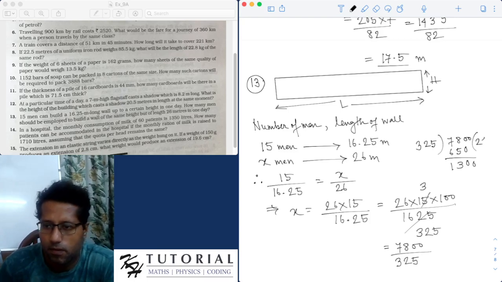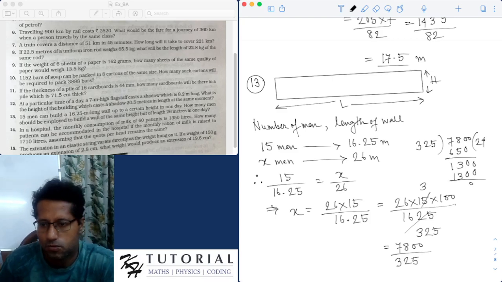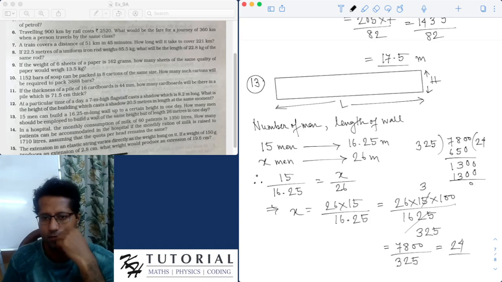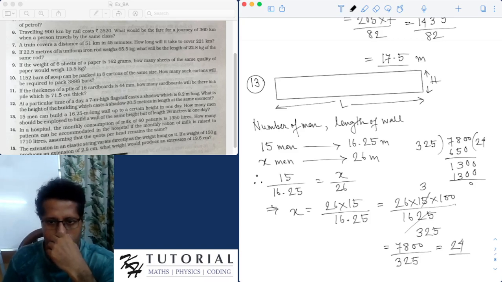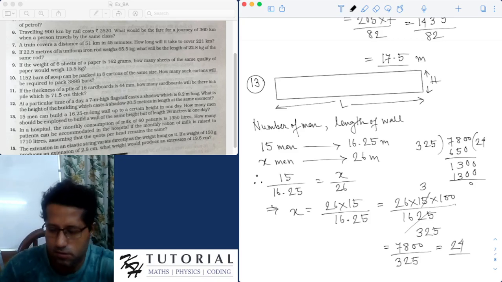We will divide by 4, 20, 10, yes. So this is 24. So 24 men will be required to build the wall of length 26 meters and same height in one day. So the answer is 24.